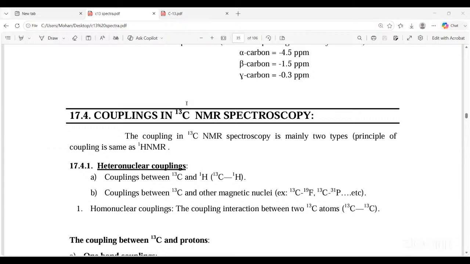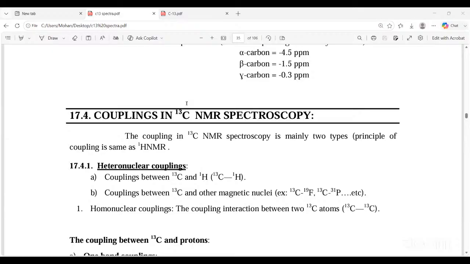Then the carbon chemical shift value is going to change. In all three cases the carbon is the same, only one carbon, but it is attached with different electronegative atoms.